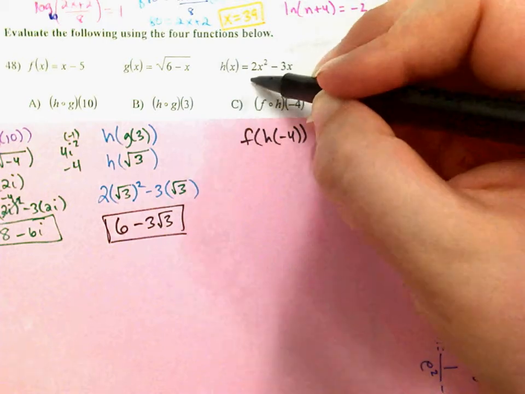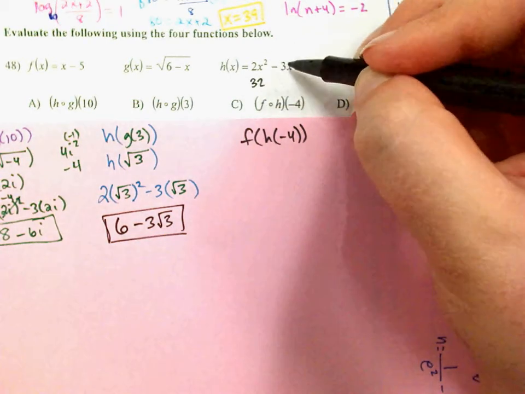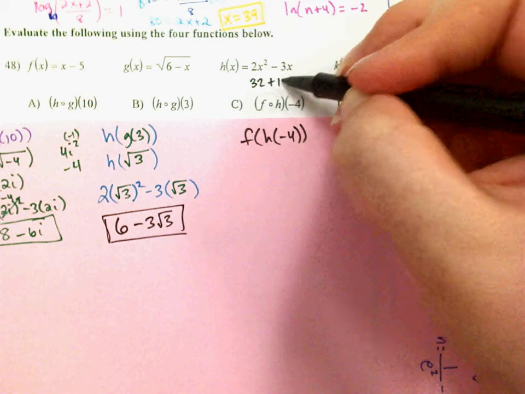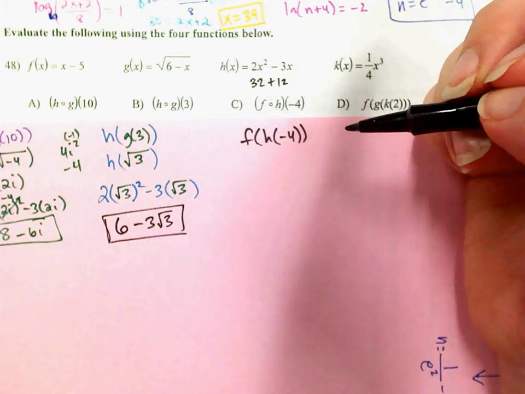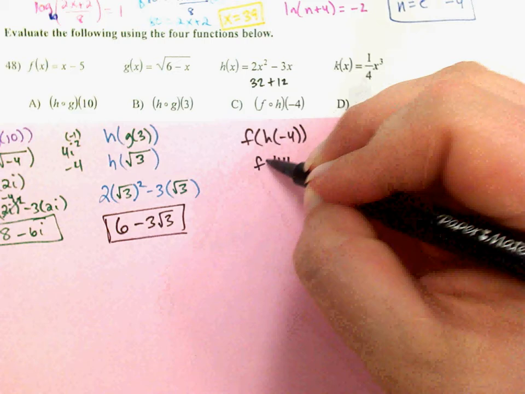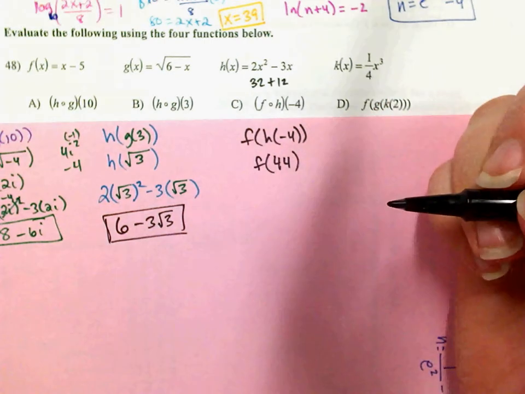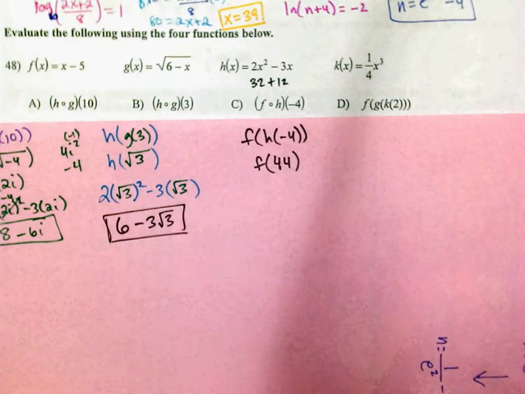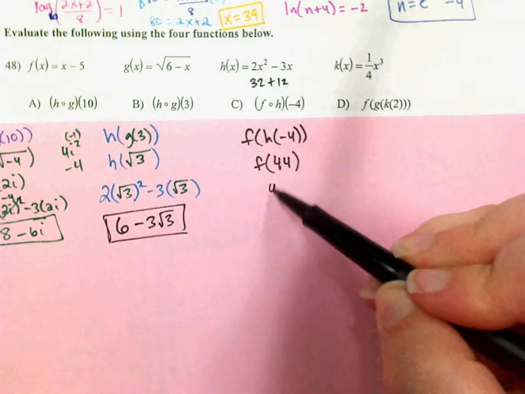What is negative 3 times negative 4? Positive 12. What's 32 plus 12? 44. So I've got to find f of 44. F of 44 just means plug 44 into x minus 5. So what's 44 minus 5? 39.